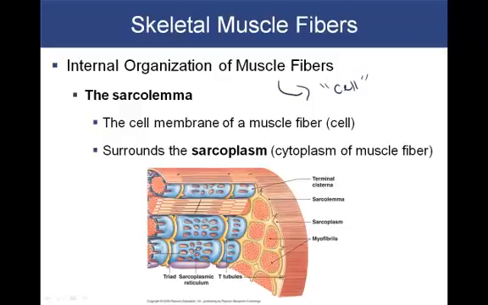The muscle fiber is covered on the outside with a structure known as the sarcolemma. And this is nothing more than the cell membrane of the muscle fiber itself. And here we can identify the sarcolemma. And the sarcolemma surrounds the sarcoplasm.